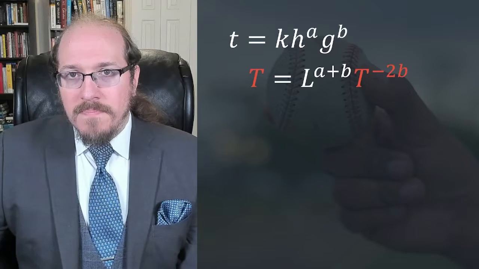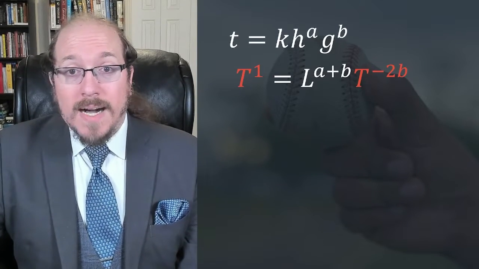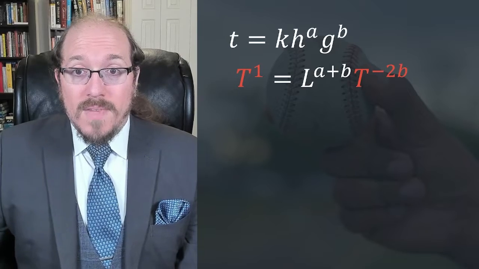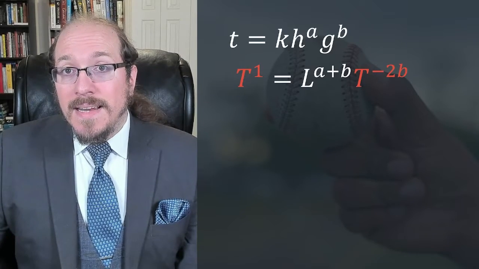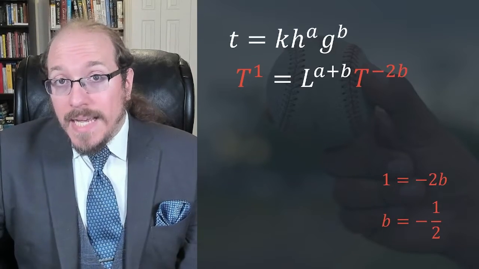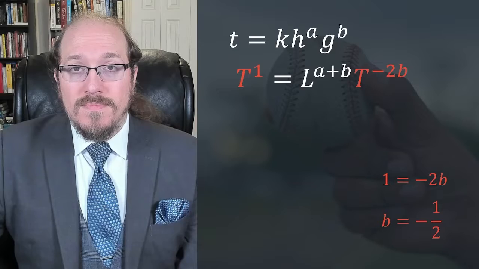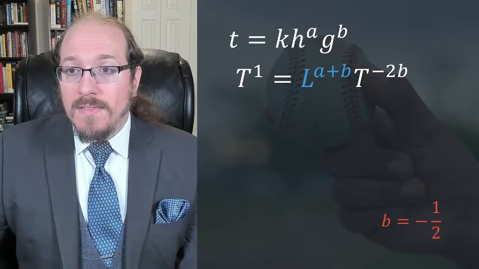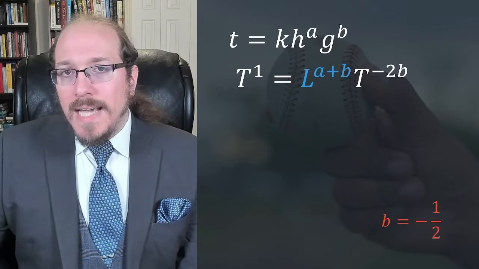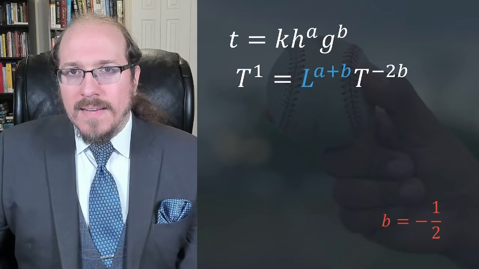Alright, let's match up our dimensions. We'll start with time. We've got time by itself on the left, which is really time to the first power. That has to match T to the negative 2b on the right, so negative 2b must equal 1, which means b equals negative 1/2. Okay, how about length? Well, we have L to the a plus b power on the right, but there's no L on the left.